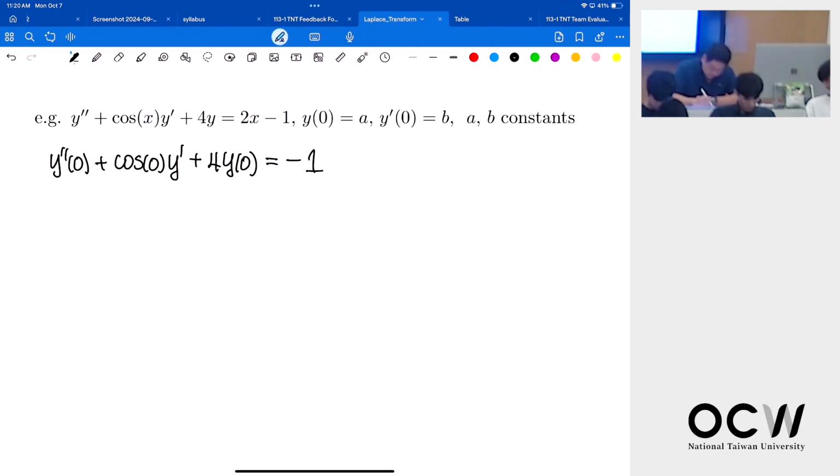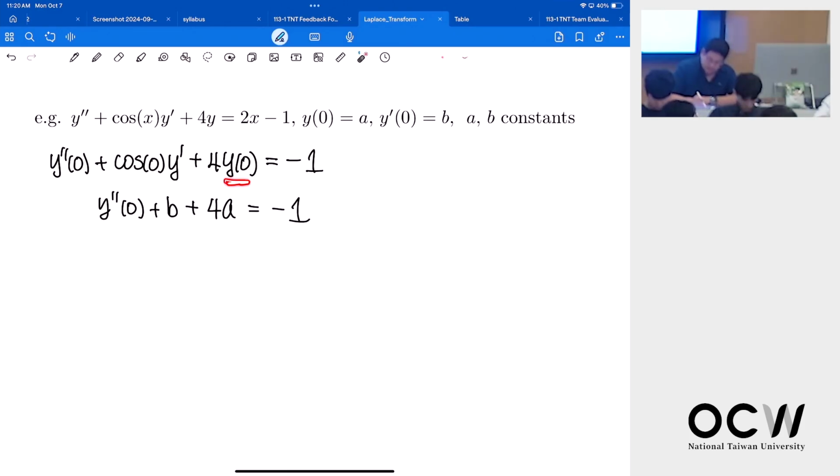So y double prime of 0 plus b plus 4a is minus 1. y of 0 is a, right?